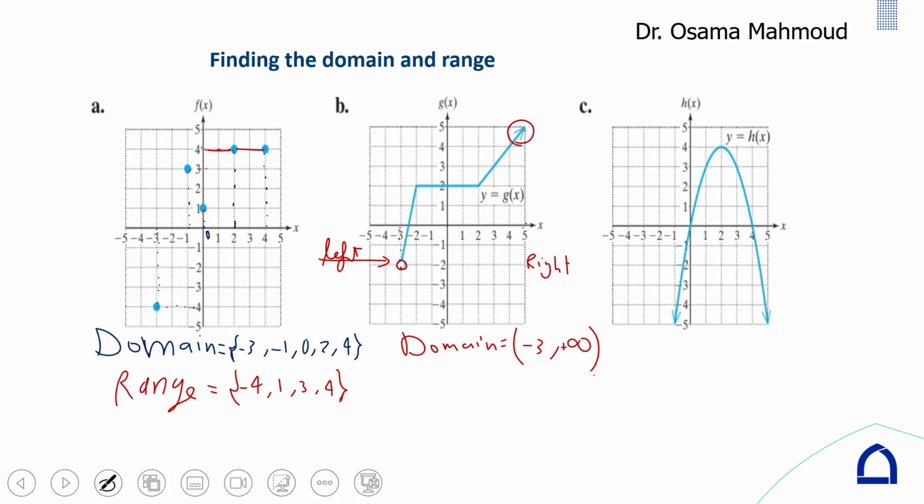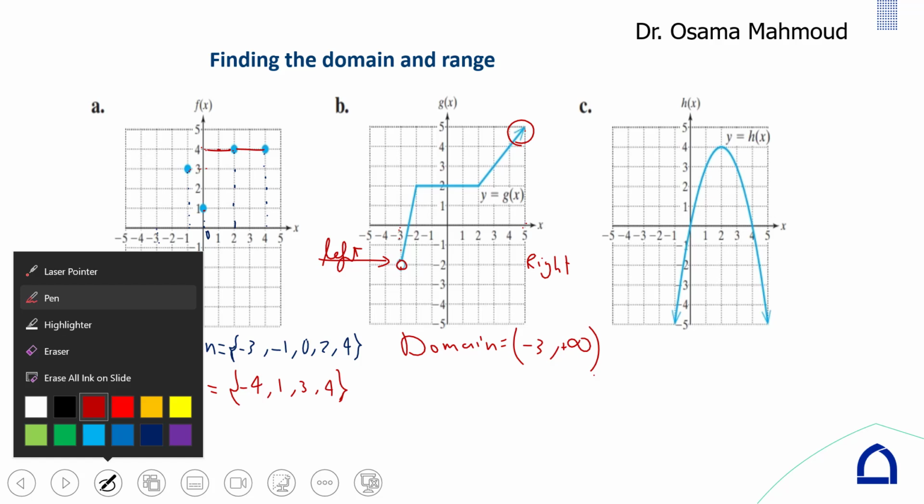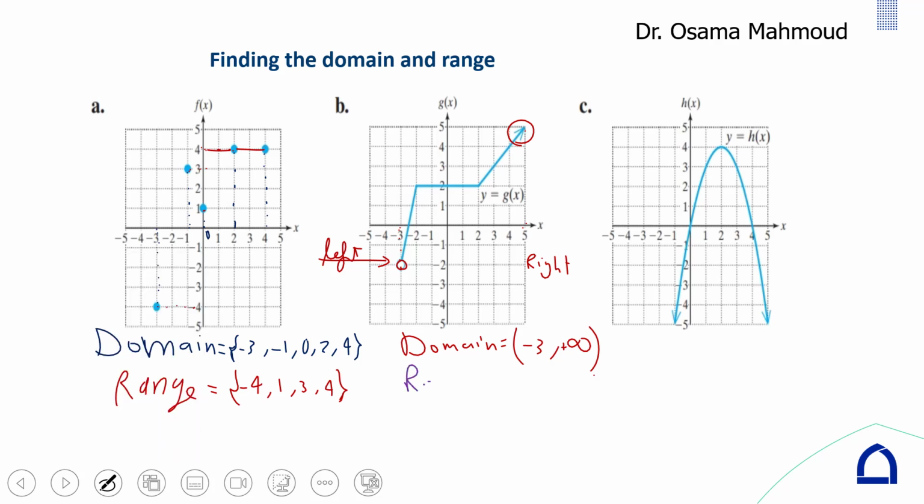Okay. What about the range? To find the range, we come from down to up. So down to find the minimum value of y. So remember, we are caring about y here. So the minimum value of y is minus 2.